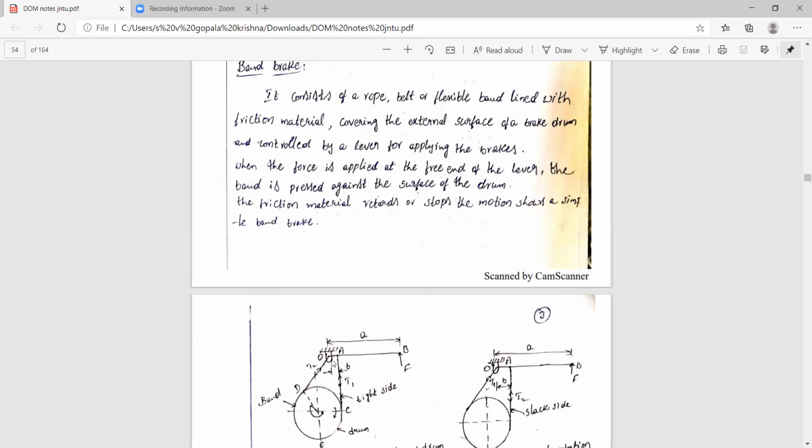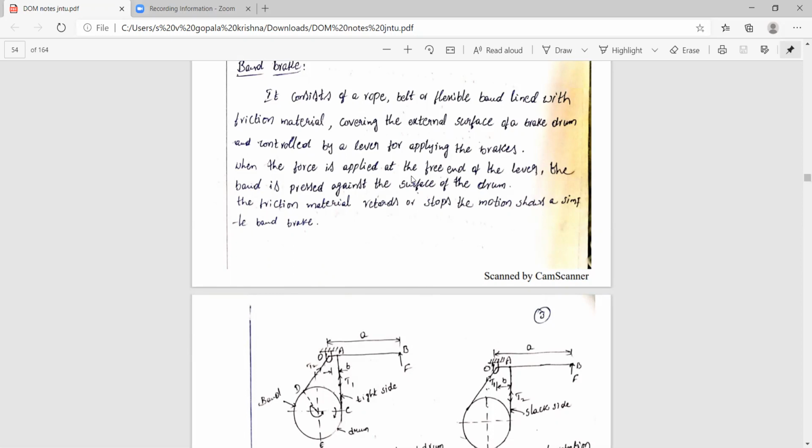The band or rope is lined up to our drum, covering the drum from O through D, C, A up to B. So this area is lined with the rope or belt.